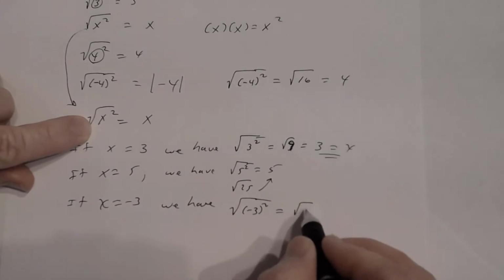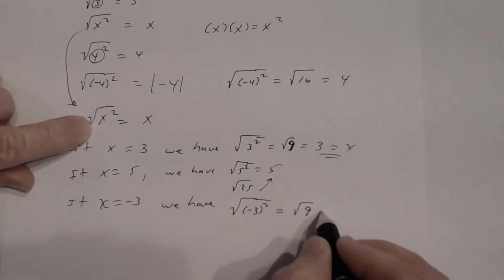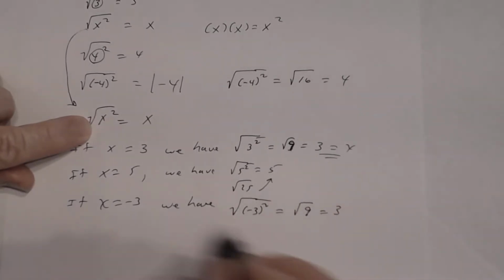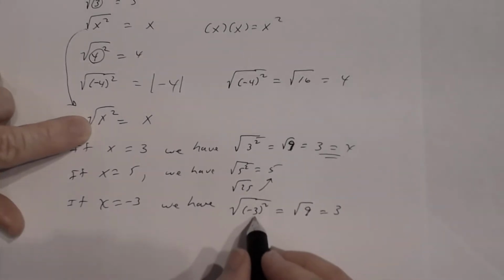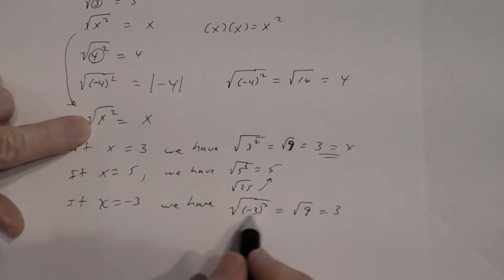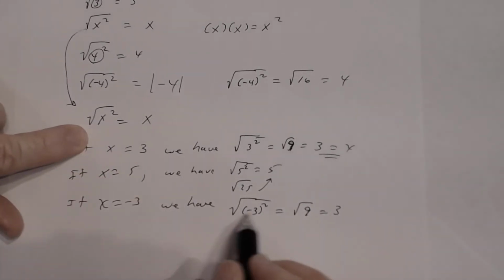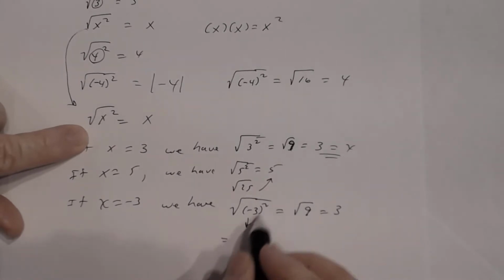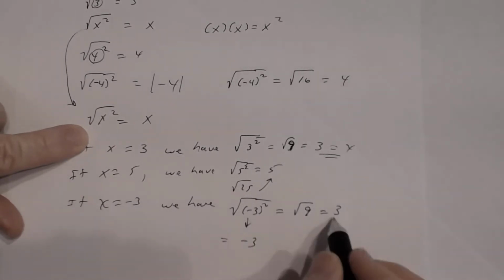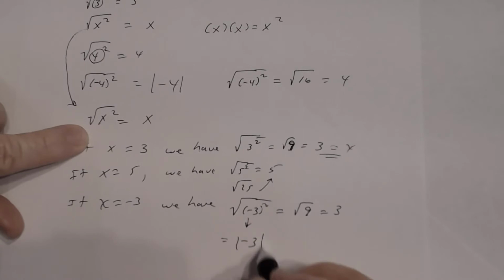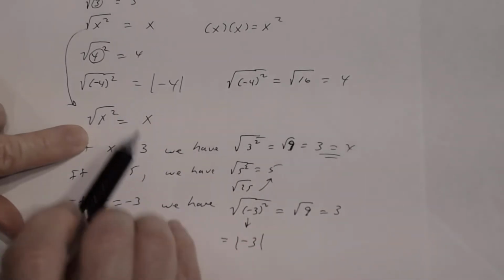Which is the square root of 9, which is 3, not -3. So if I say the square root of x squared equals x, so in this case the square root of -3 squared equals -3, I know the answer is +3, so I've got to take the absolute value. And that's what we had here.